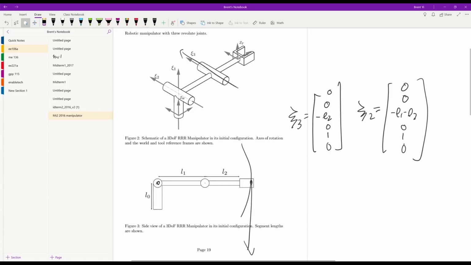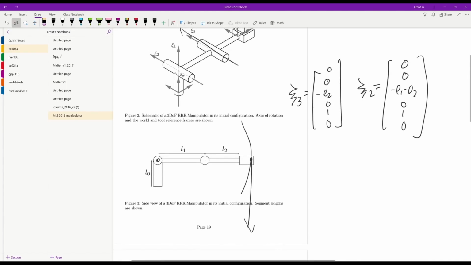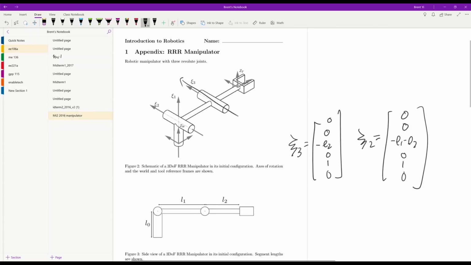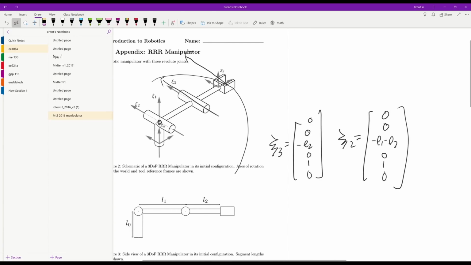Okay, and then finally we have to do it for twist 1. So this is going to be a little bit weirder, but we'll try to draw a circle in 3D. So we draw a circle centered at this joint, right? Then it passes through the end effector, right? And then we have a tangential vector like this. And that's in the positive y direction.